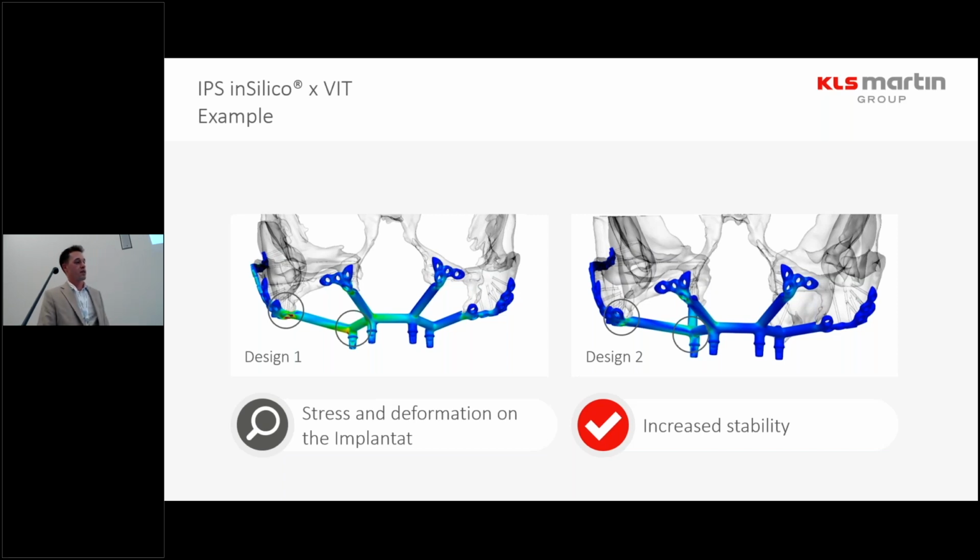Maybe in that example, the surgeon could say he doesn't want, as you can see in the left picture, in the second design, to use another bone stabilization, so another bone connection, because of course it will make the approach for the surgery bigger, it makes the surgery longer. So there are surgeons coming up maybe with the suggestion to just remove that bar to be quicker, or to have it less invasive. So in that case, we can use the VIT software also for argumentation.